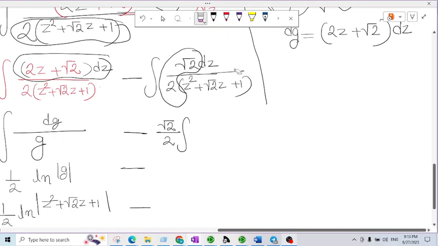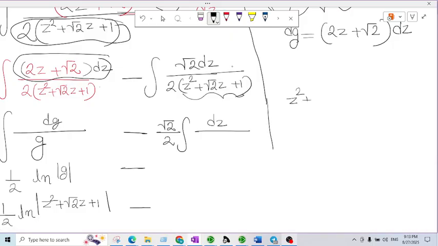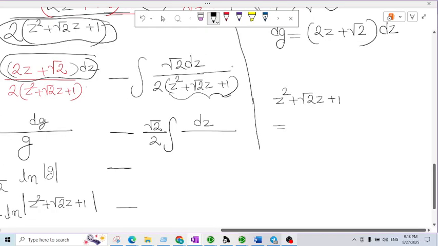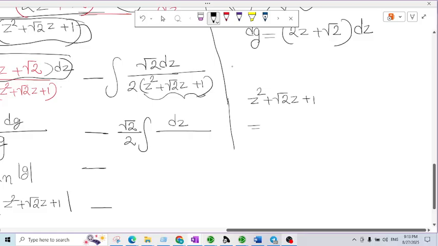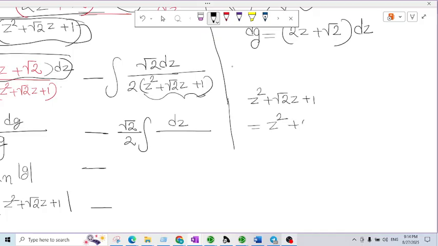Okay, so now let's work with the denominator. Let's see what will be the denominator now. z square plus root over 2z plus 1. Now again I will try to make some a plus b whole square or a minus b whole square here. So let's write z square, and as the formula a square plus 2ab plus b square, I have to write here 2.